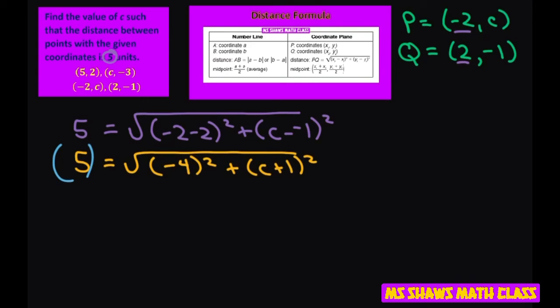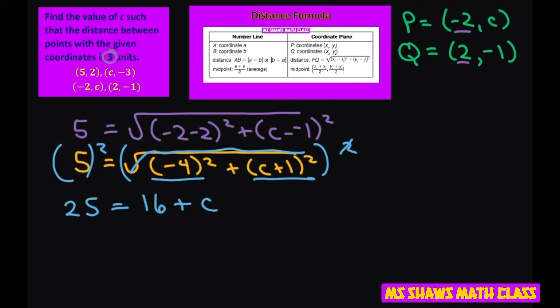All right, you square both sides, or you don't have to, but I'm going to square both sides. So if you square both sides, you get 25 equals, now I'm going to go ahead and write this out. Squaring this gets rid of this radical here. So you get 16 plus, and let's expand this, C squared plus 2C plus 1.